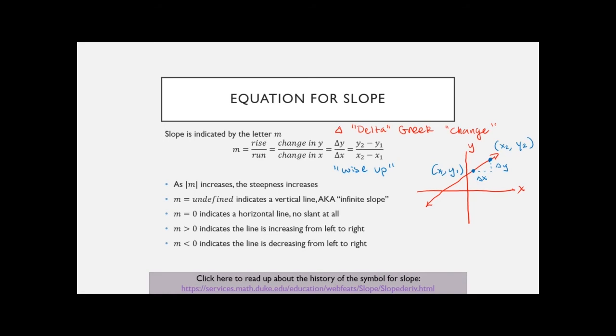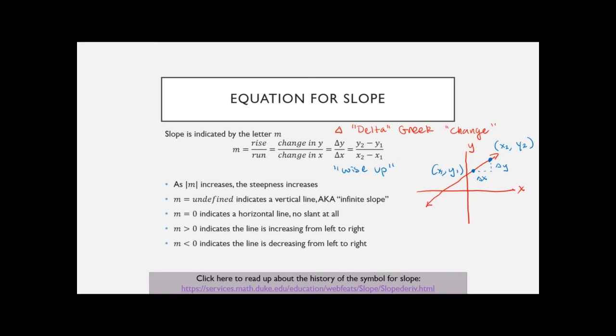I'm not going to go into how that formula comes about. That's something you can research on your own if you're wondering how we came up with it, but that's the formula. When you're looking at slope, as the absolute value of that number gets bigger, the line gets steeper, because the steeper a line gets, the larger the gap in the y values.